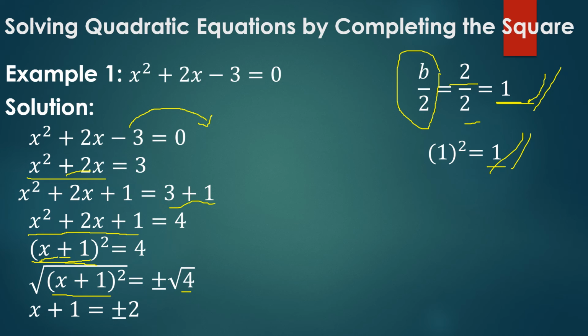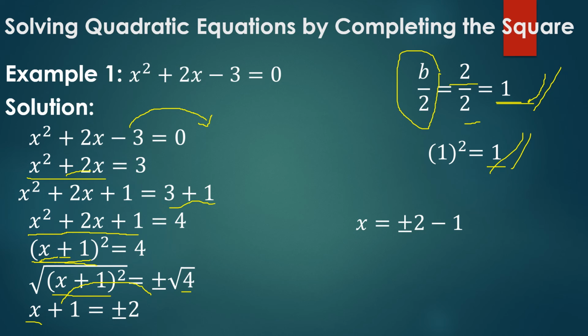Now, for us to find the value of x, we are going to isolate it on one side of the equation. Therefore, we are going to transpose positive 1 to the other side of the equation. Therefore, we have x is equal to positive and negative 2 minus 1.